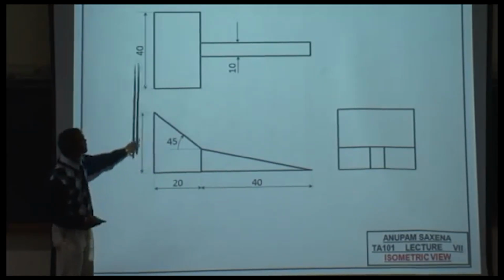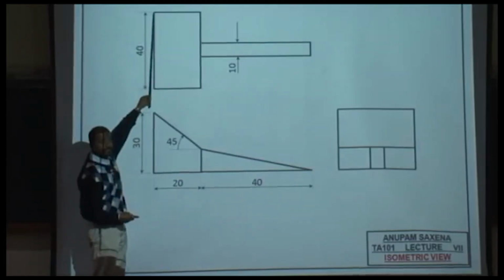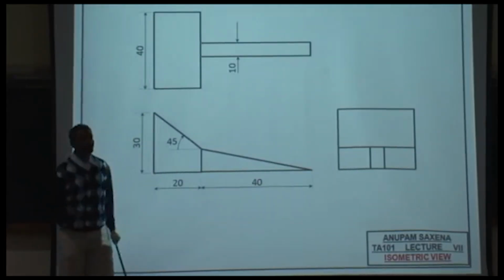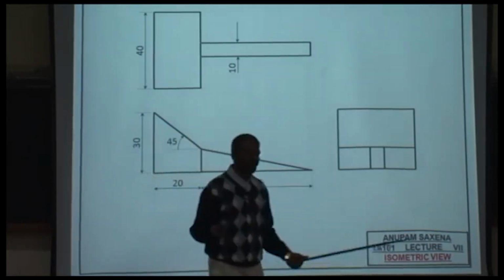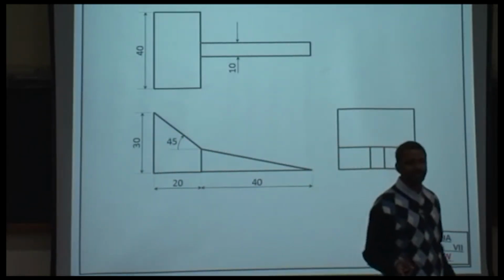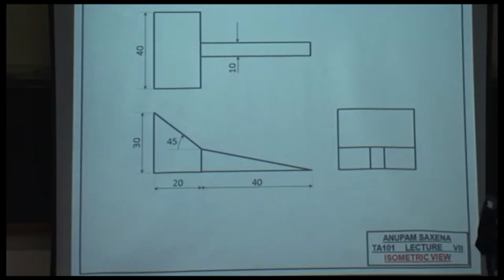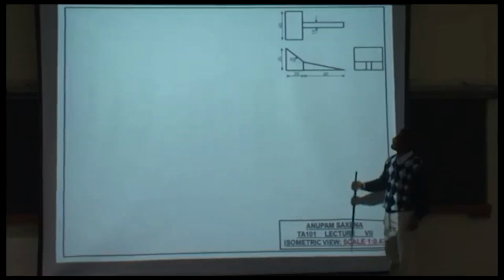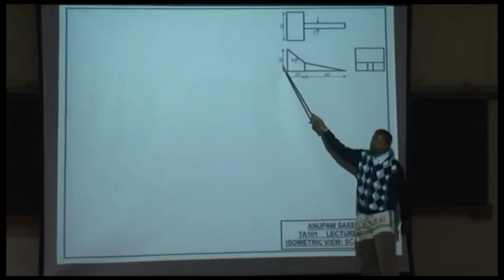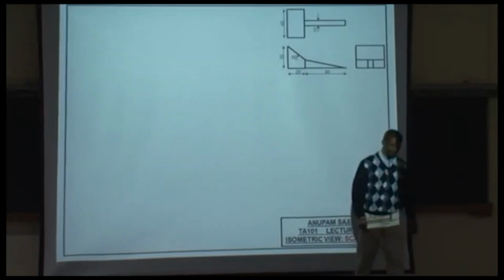And if I go to the top view, this would be what? The width. Once I identify my length, height, and width directions, it's much easier for me to draw the isometric drawing or isometric view. Okay? Let's do that. What did I say this was? Length. How about this? How about that? Width. Good.